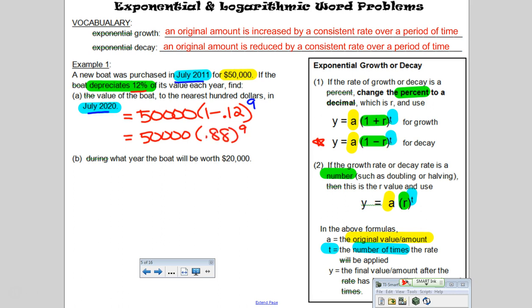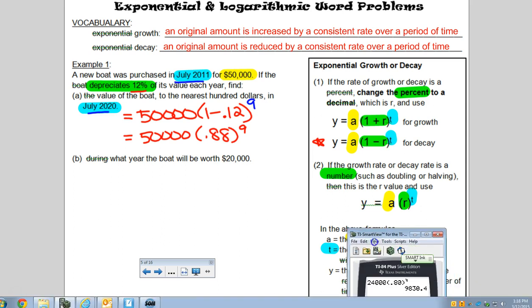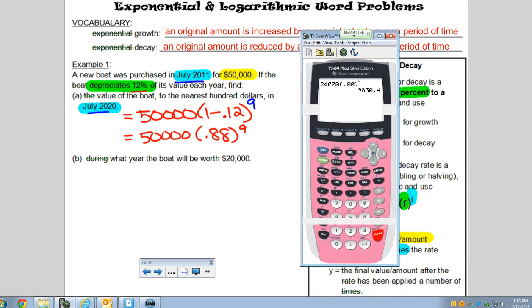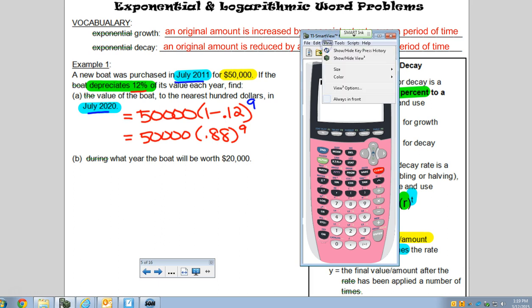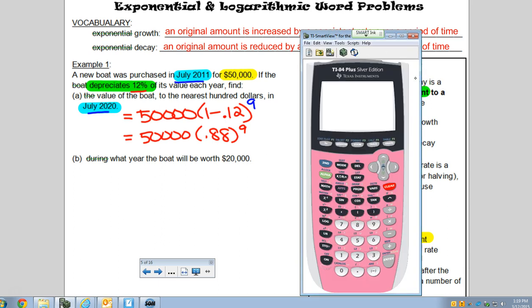So that means basically that you have 88% left each year. When you're working with percentages, above 100 is how much you gained, below 100 is how much you lost. So 88 means that you lost 12%. Okay, putting that in, we have 50,000 times parentheses. I'm sorry, we can do the 1 minus just to show you it still works.